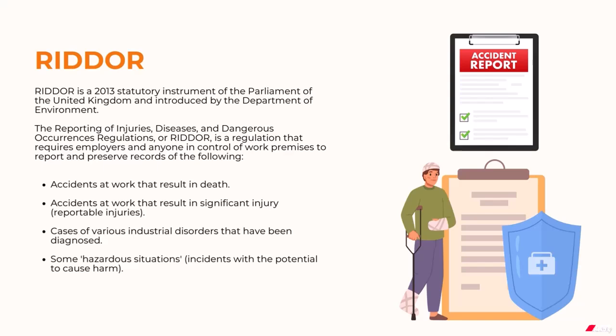The Reporting of Injuries, Diseases, and Dangerous Occurrences Regulations, or RIDDOR, is a regulation that requires employers and anyone in control of work premises to report and preserve records of the following: accidents at work that result in death, accidents at work that result in significant injury, reportable injuries, cases of various industrial disorders that have been diagnosed, some hazardous situations, incidents with the potential to cause harm.